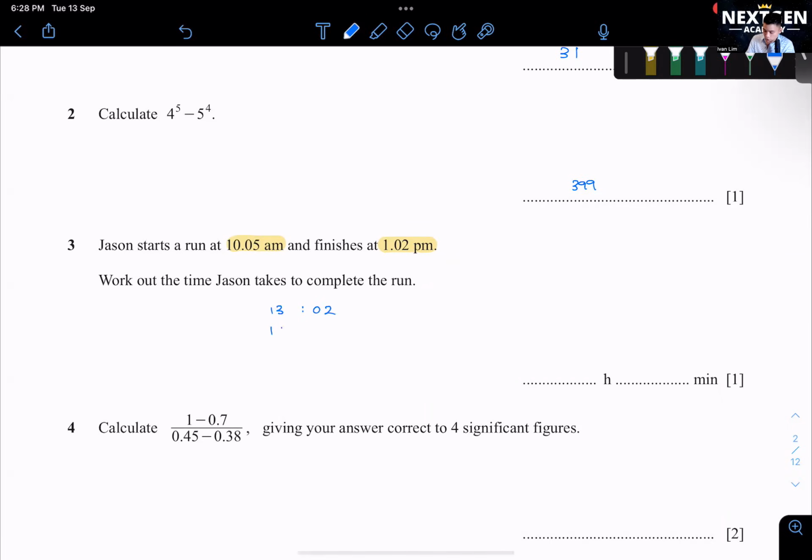Then you minus 10:05. Can you minus 5 from 2? Cannot, so we borrow. When you borrow 1 hour, you get 60 minutes. So you get 62 minus 5, which is 57. 12 minus 10 is 2. So 2 hours and 57 minutes.